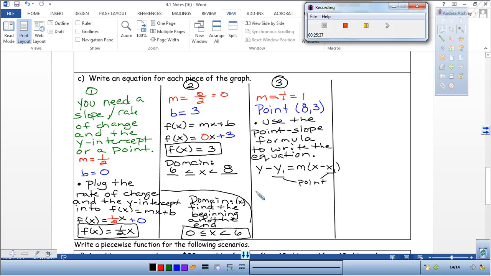Okay, let's plug in. Y minus, this is your x1, this is your y1. So the y1 is 3 equals your slope of 1 times x minus the x1, which is 8.